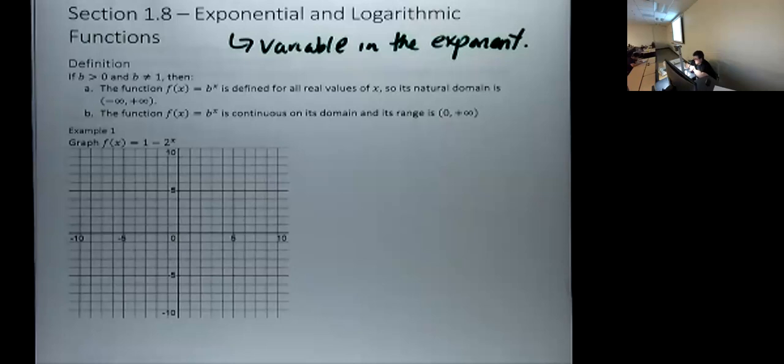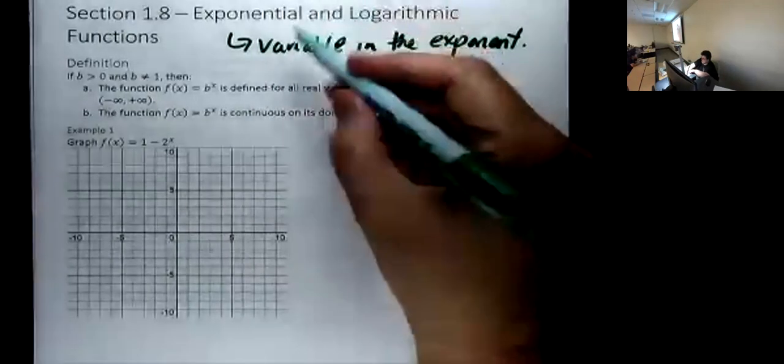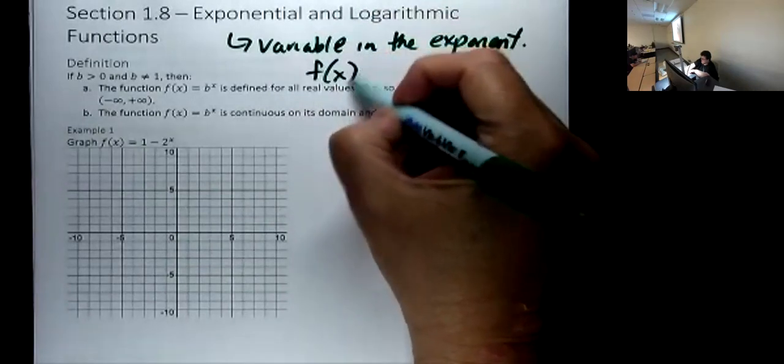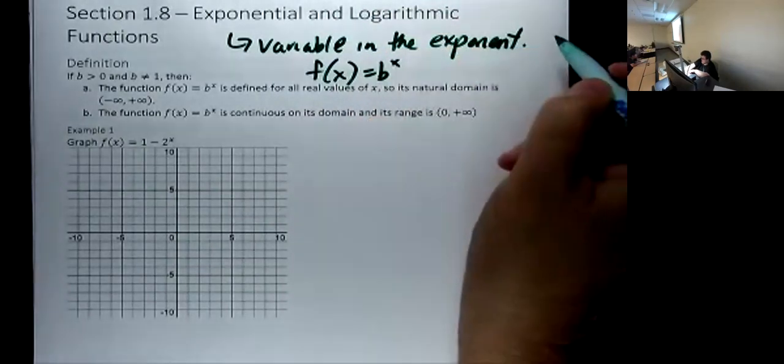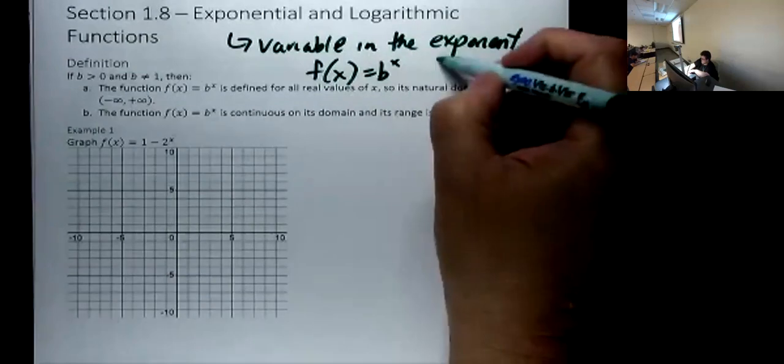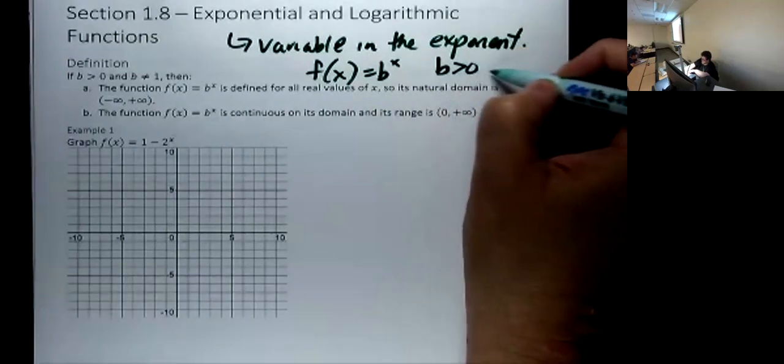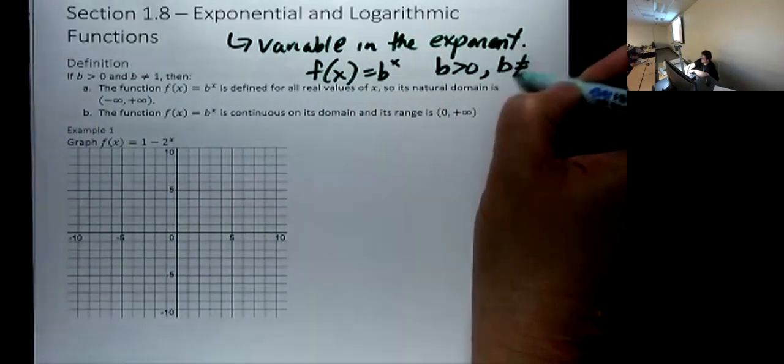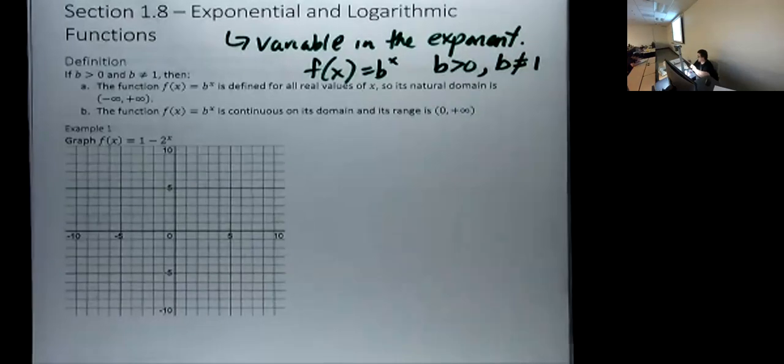So we generally write the generic form of the function as f of x equals b to the x. We want b to be greater than 0, and b equals 1 is trivial. 1 to any power is just 1, so it's meaningless. So we don't like using b equals 1, but any other base is good.